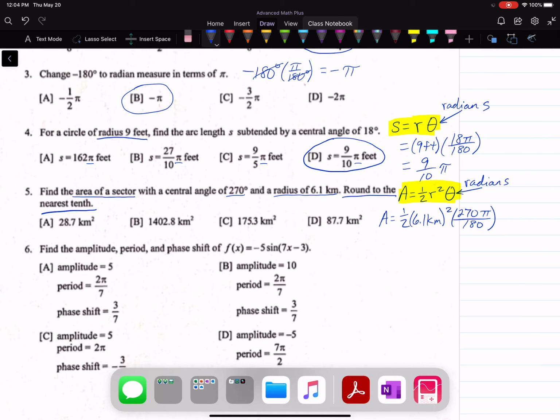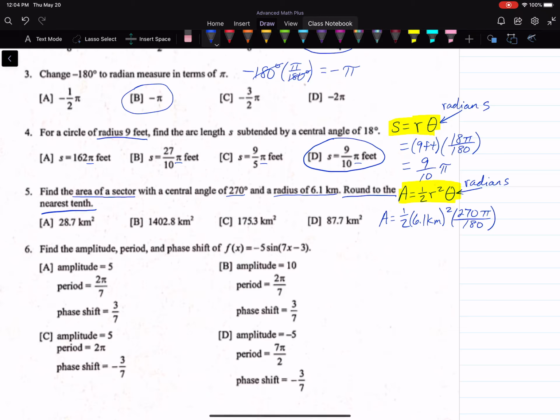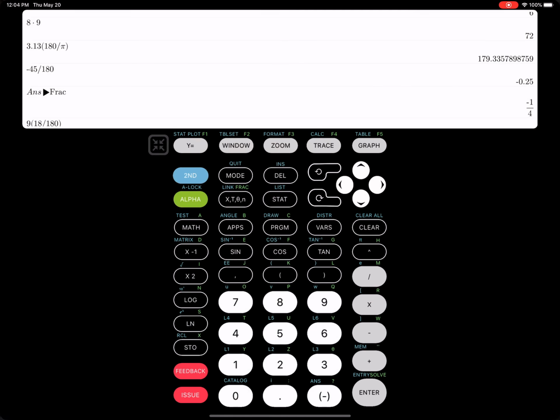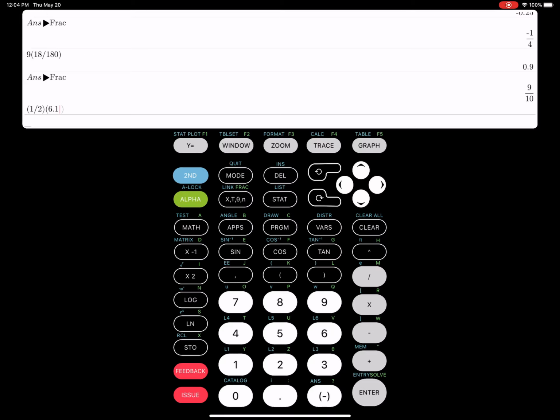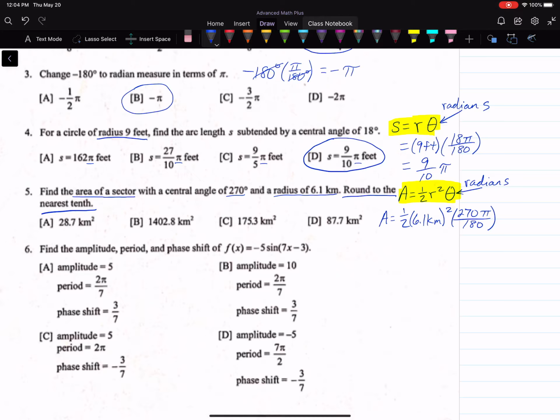We'll say 1/2 times 6.1 times 270 divided by 180. And then don't forget your pi, times pi. So 14.37. So 14.4. Something's wrong.